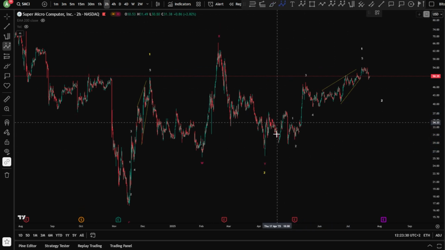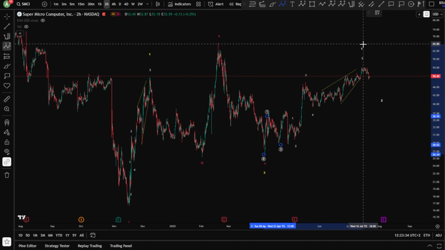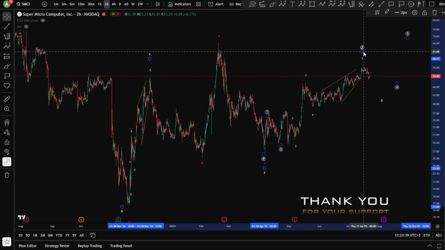So here we still have missing 1, 2. Of course, wave 3 can be finished already there, and a 5.